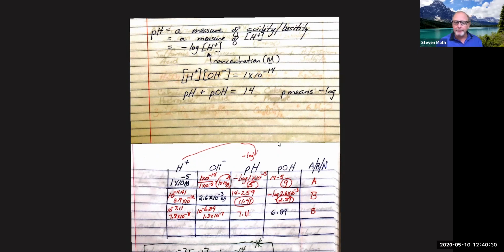I want to talk to you a little bit today about pH. pH is a measure of acidity or basicity in a chemical solution. And by that we mean it's going to be a measure of the H. Now this P, don't let that fool you. That P is simply a measure of negative log, and this is just a base 10 log.